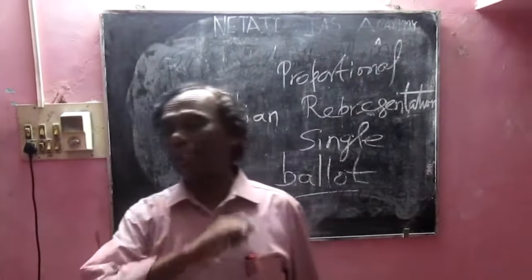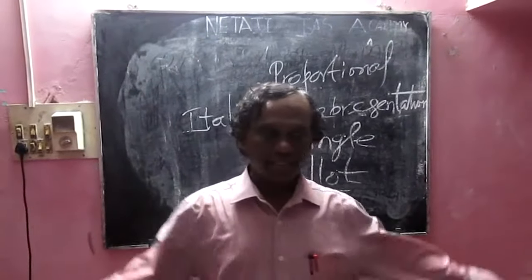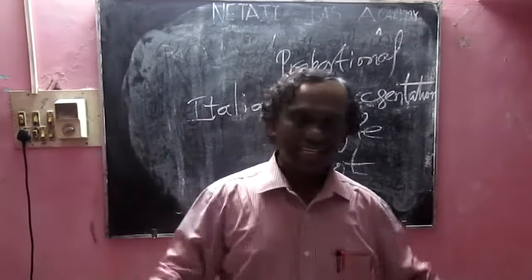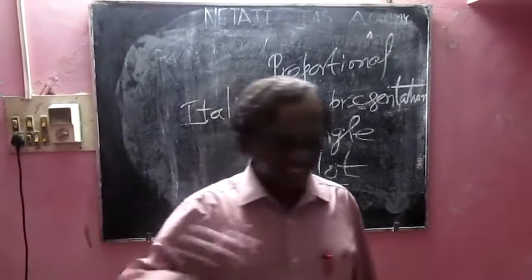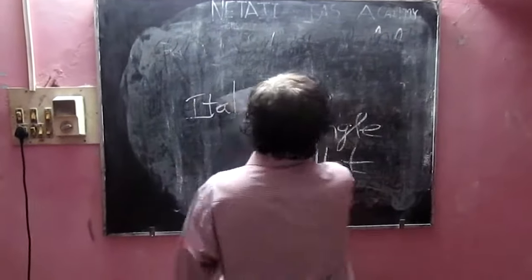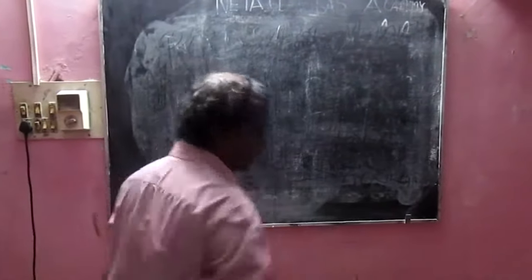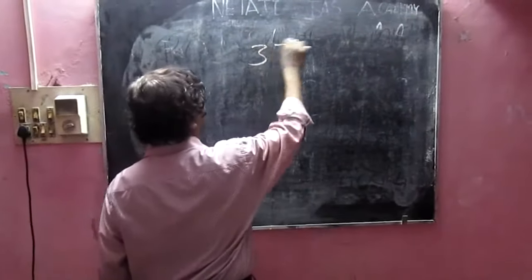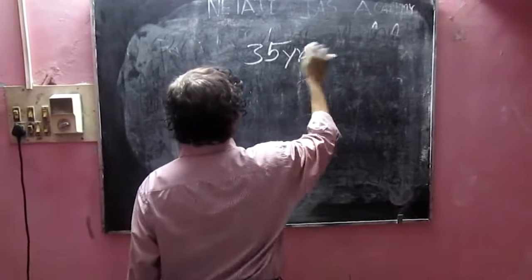We go to next area. Eligibility to contest as president. Number 1, be an Indian citizen. Number 2, completed 35 years of age.